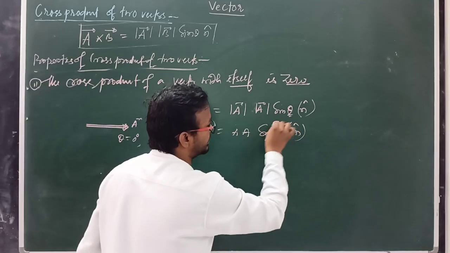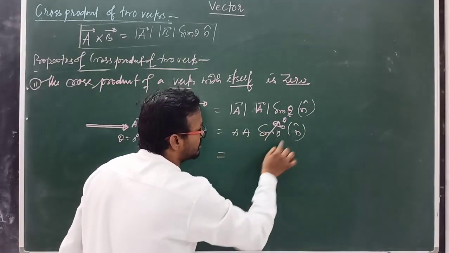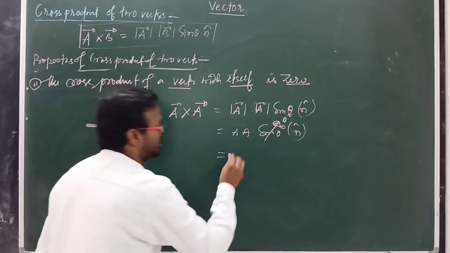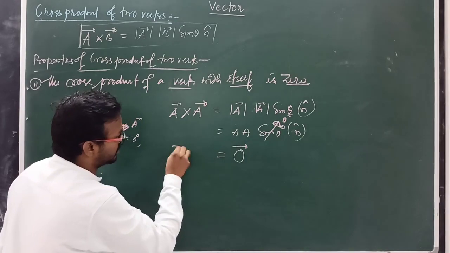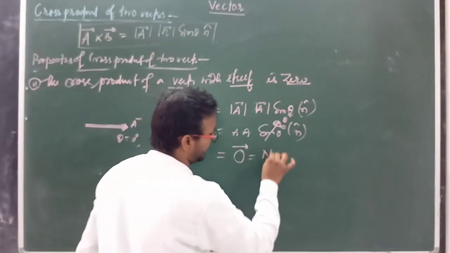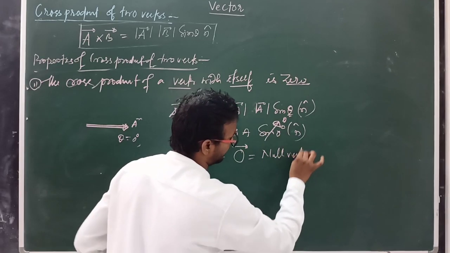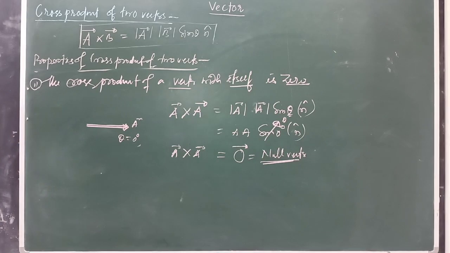And the value of sin 0 is equal to 0, so we get a magnitude of 0, but the direction is arbitrary. So this is known as a null vector. So A vector cross A vector is a null vector whose magnitude is 0 but direction is arbitrary. Clear? This is the second property.